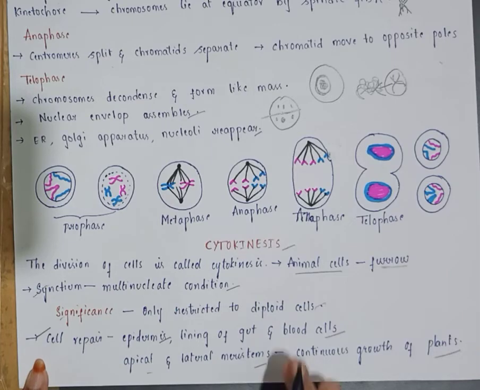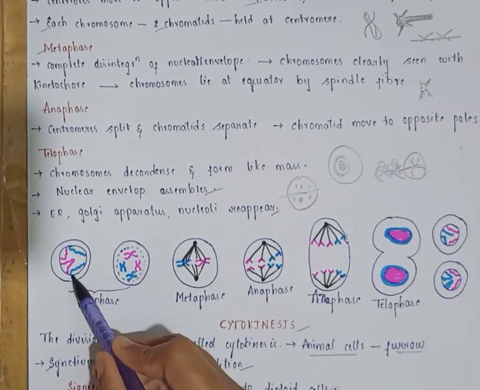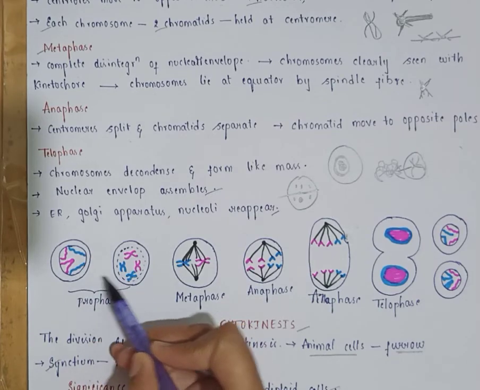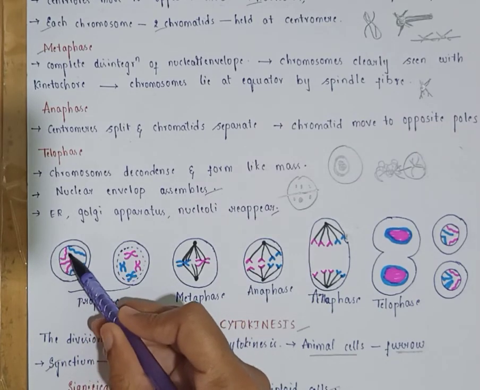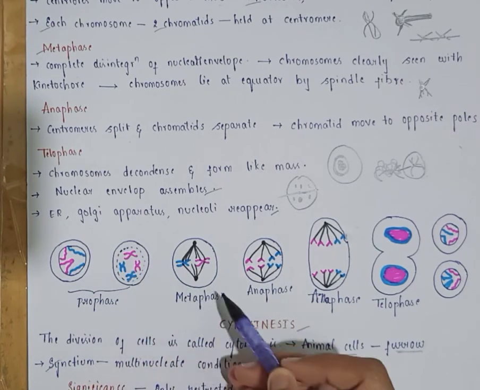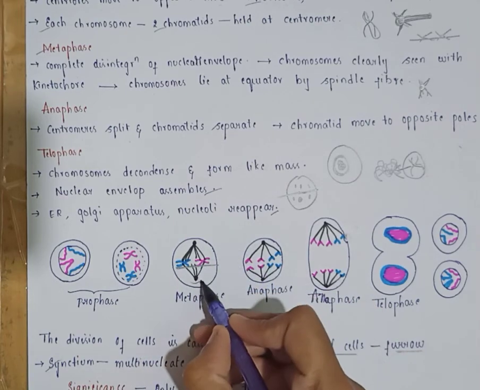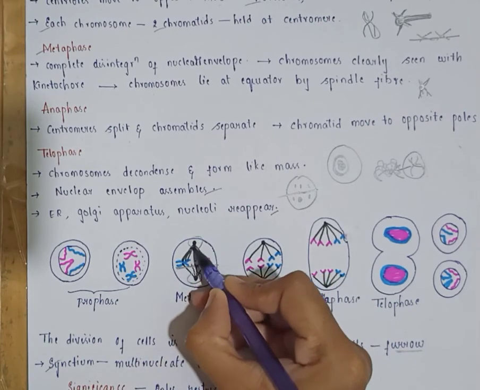So this is about mitosis, and this is the diagram. See, this one is a prophase, an early prophase and a late prophase. Here the chromosomes are present like a network. Here they are organized in the form of chromosomes, and in the metaphase they are all arranged in a single plane, and these are called the spindle apparatus.